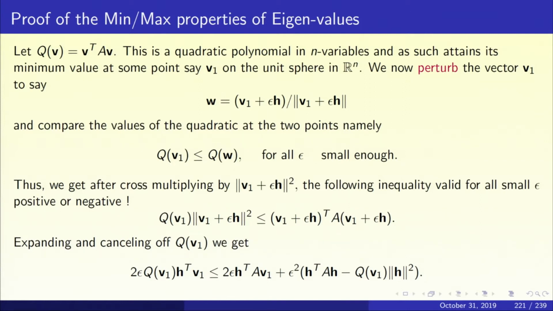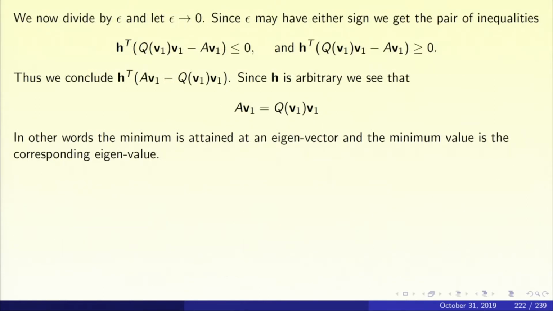And so V1 transpose A h is the same as h transpose A V1. And these two terms combine to give you 2 epsilon h transpose A V1. So let us bring the epsilon terms together, and keep the epsilon squared terms together. Okay, so we divide by epsilon.